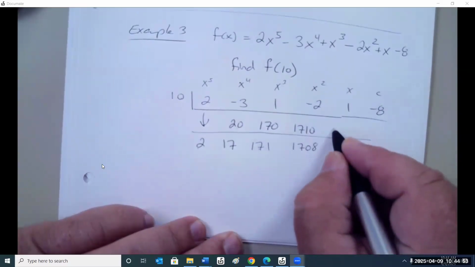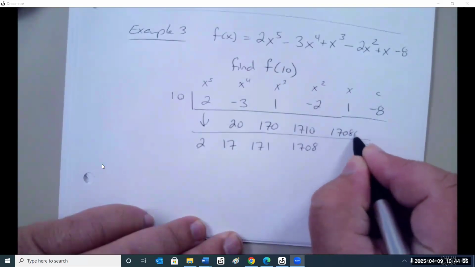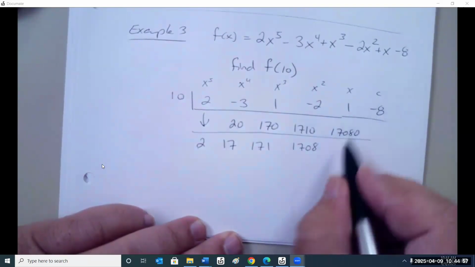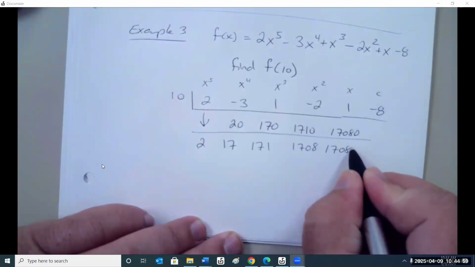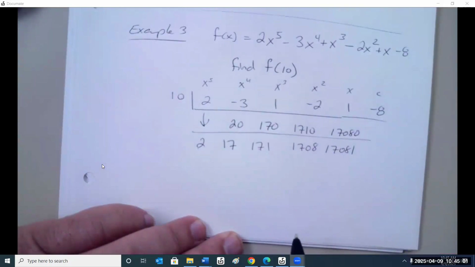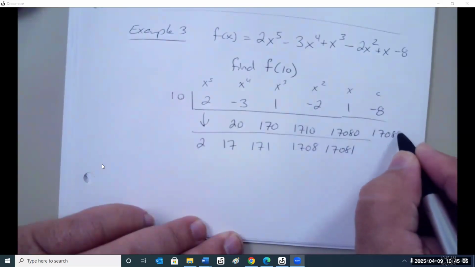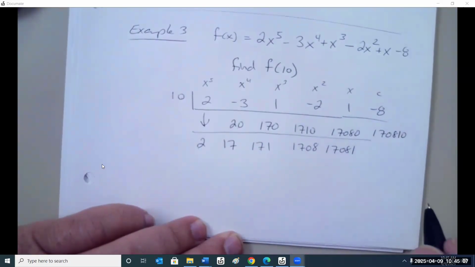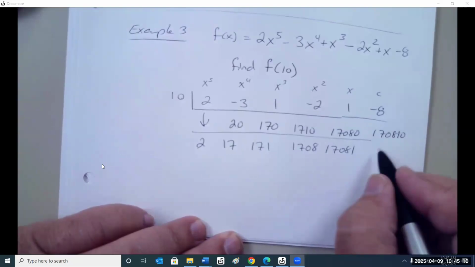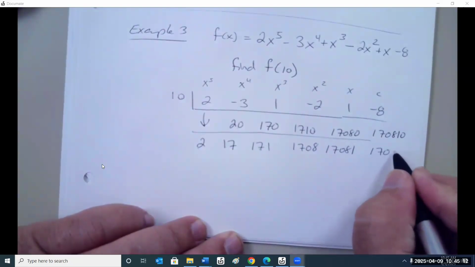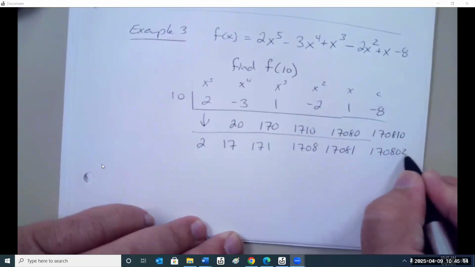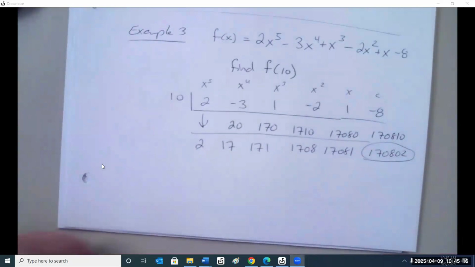Times 10, 17080. Plus 1 is 17081. Times 10 is 170810. And minus 8, 170802. And there's your answer.